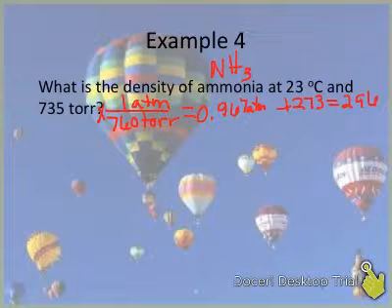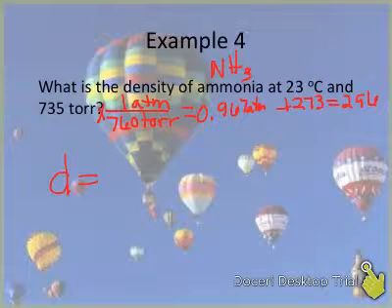Okay. So it's asking for density. What equation for density should we use? Which M? What kind of M? Molar mass M. So we're going to use molar mass M times P over RT. Did it give me molar mass in my equation? We know what ammonia is.